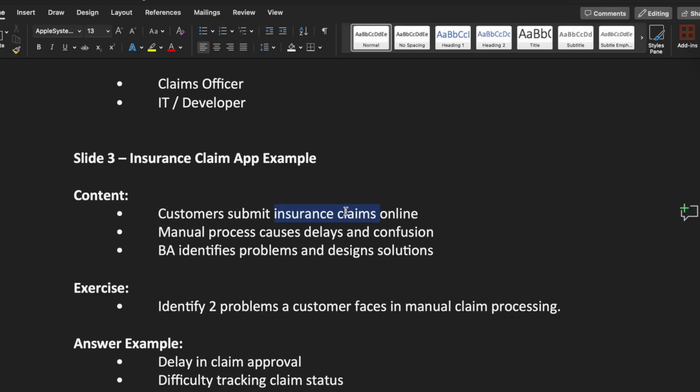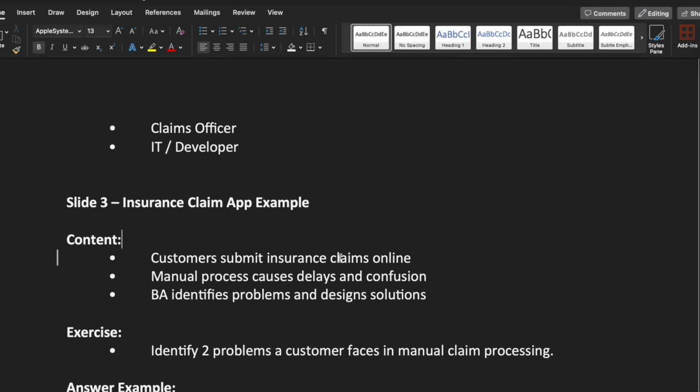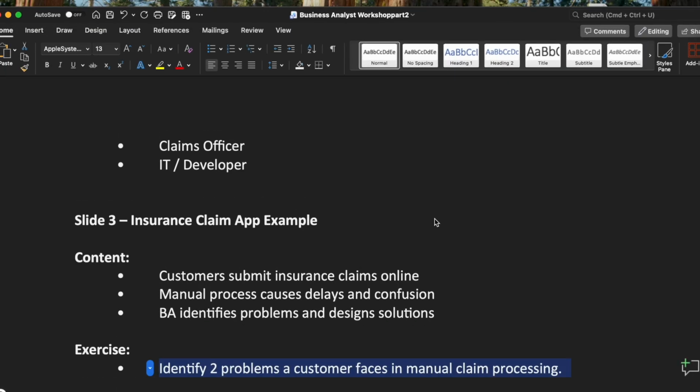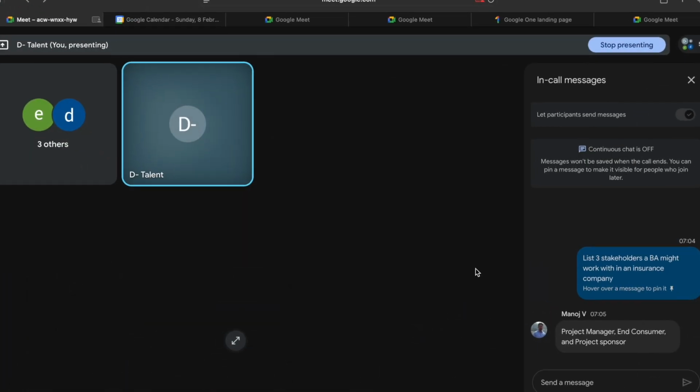Okay, so your exercise for the insurance claim online app: identify two problems a customer can face in the manual claim process. I'll put it in the chat. It's applicable for all digitalization software. So this is the question: identify two problems a customer or client can face in manual claim processing.